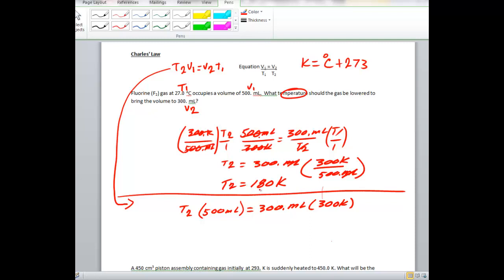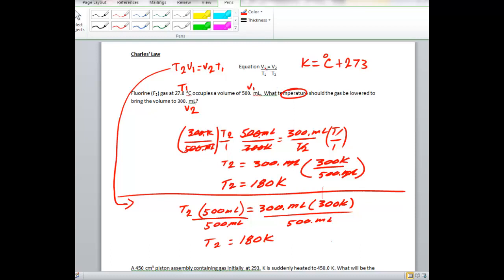This sort of gets you into the equation faster without all this additional algebra. Might be useful for some of you. I divide out 500 mL like I did on the top, and I end up with a T2 equal to 180 K. So I just wanted to present this method to some of you because I think the Boyle's law equation is easier for some of you to work.